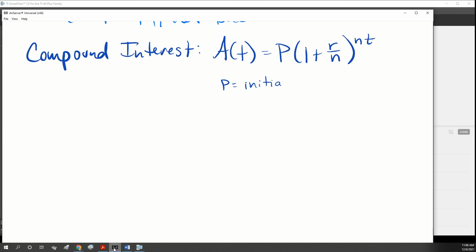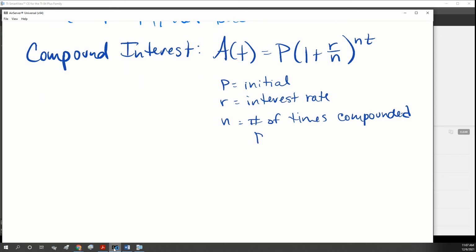P is initial investment, r is interest rate, n is number of times compounded per year. And then t, in this case, has to be in years. So time in years.